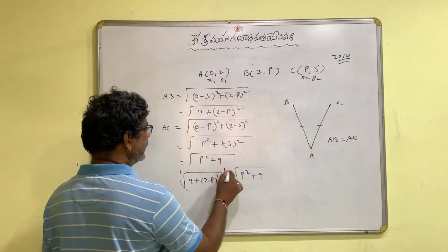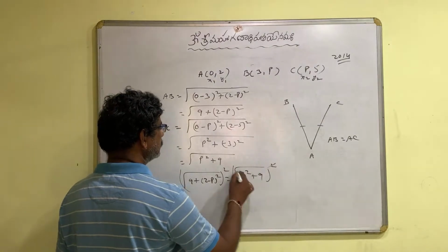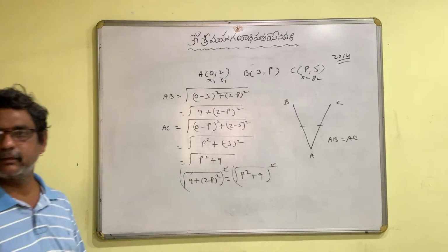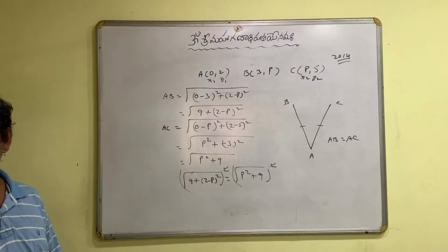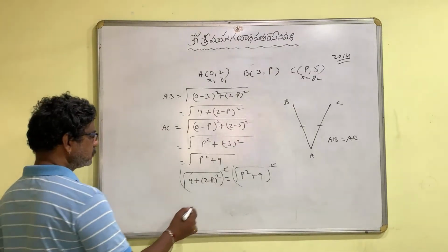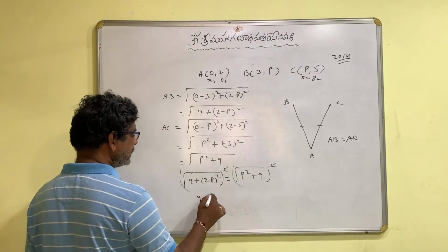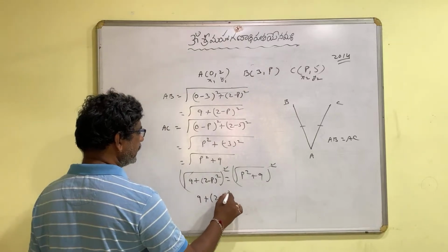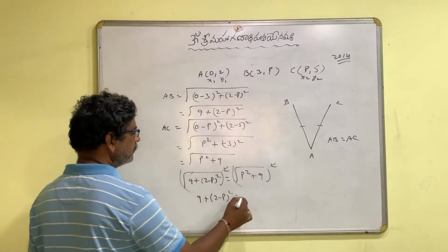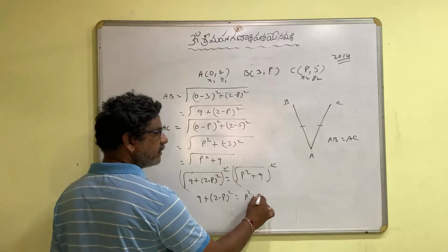Squaring on both sides, square and root get cancelled. So we are left with 9 plus 2 minus p whole square is equal to p square plus 9.